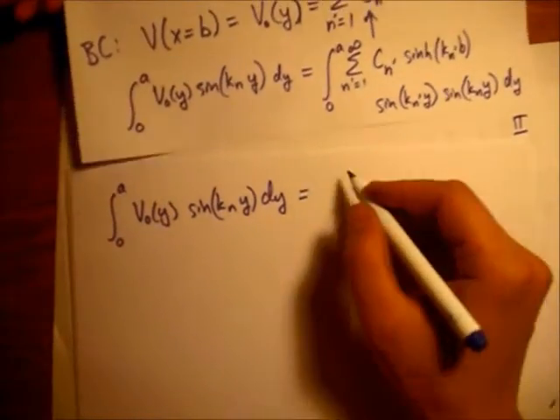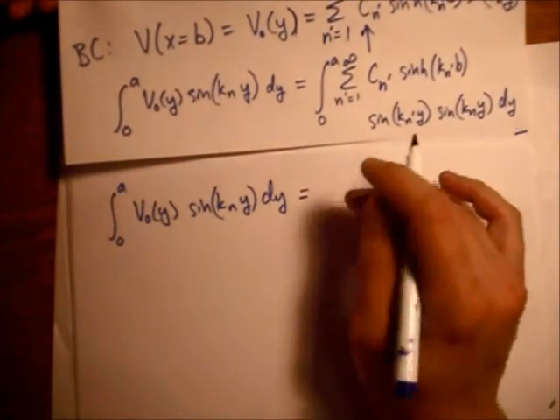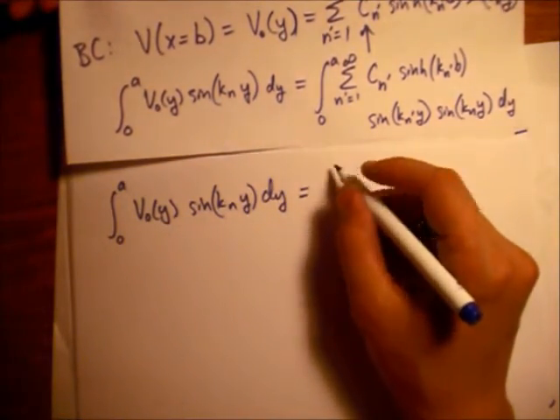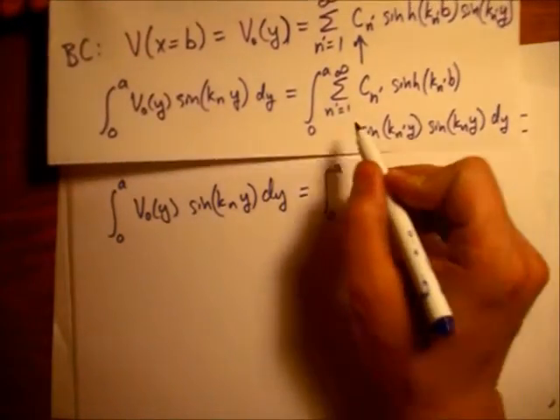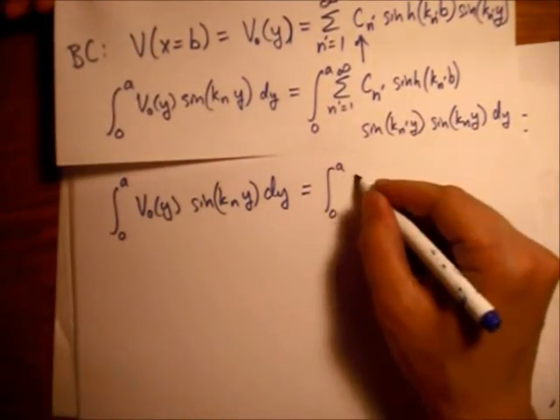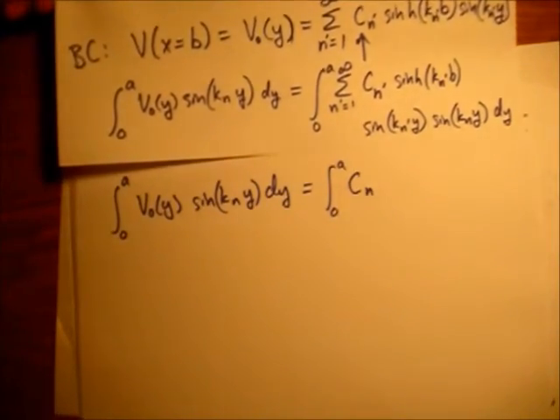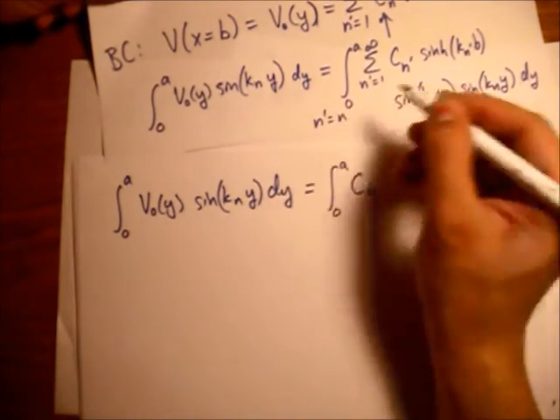Let's go ahead and write out the integral as well. We have a C n, again an n, not an n prime. We're setting n prime equal to n.